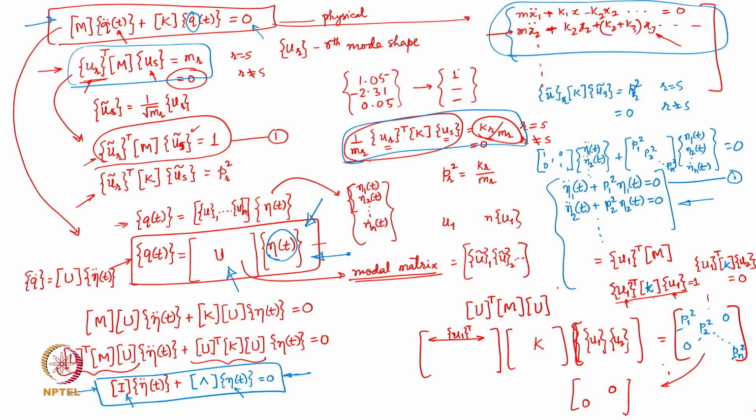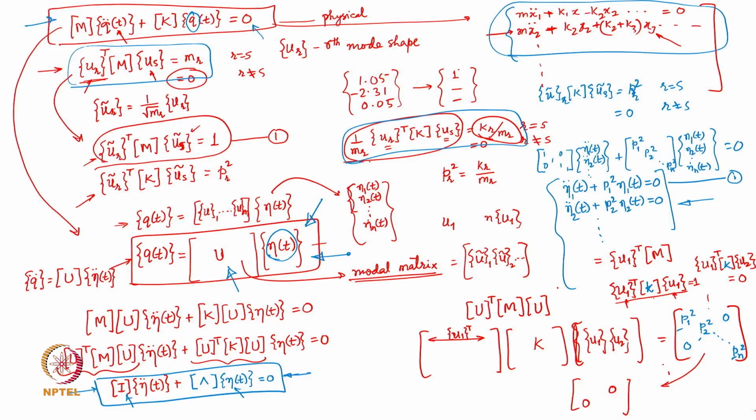That is the power of this transformation that we discussed. Essentially, the whole purpose was to decouple all your governing equations of motion. Once you decouple them, your standard expressions for a single degree of freedom system will simply suffice, and that is what we shall discuss: how to make use of what we learned for a single degree of freedom system to solve this multi degree of freedom system.